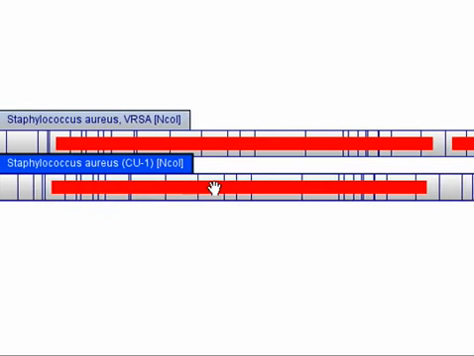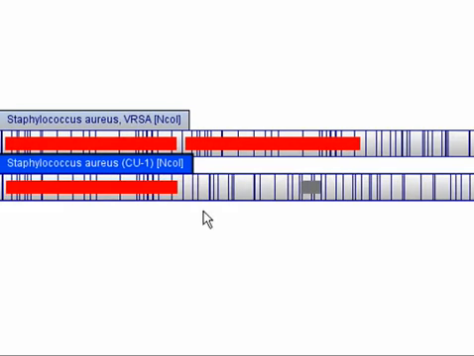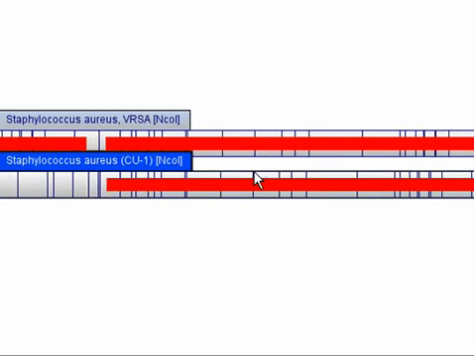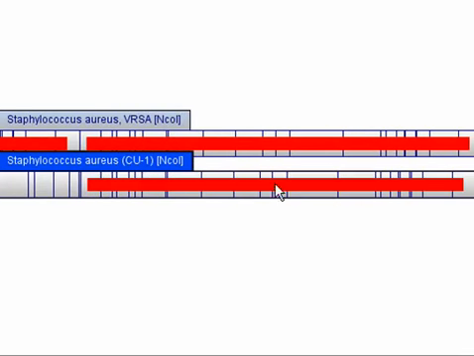Here you can see where the map code of CU-1 matches the VRSA isolate. And just downstream, the map code also matches the downstream portion of the VRSA isolate. This duplication potentially has huge implications in the pathogenesis of this VRSA isolate.